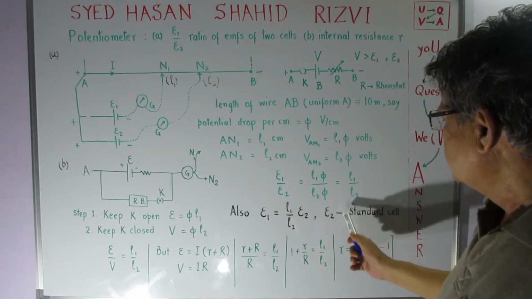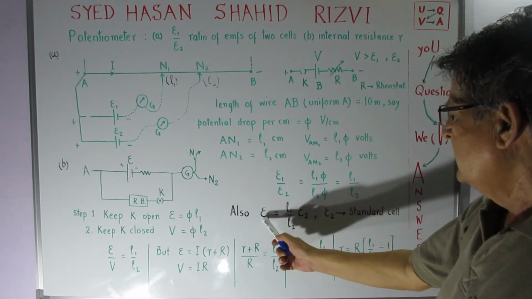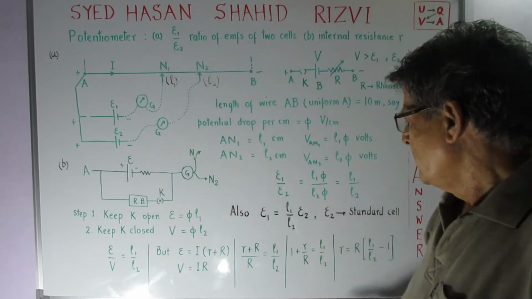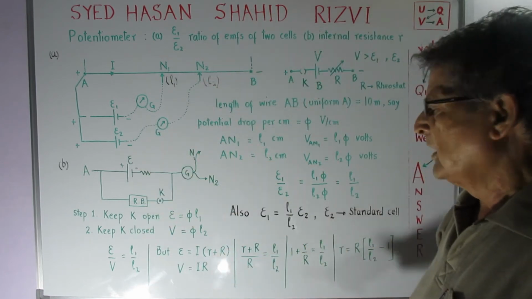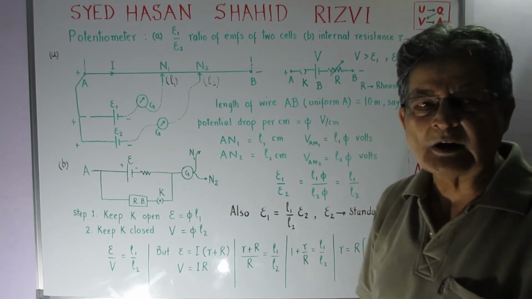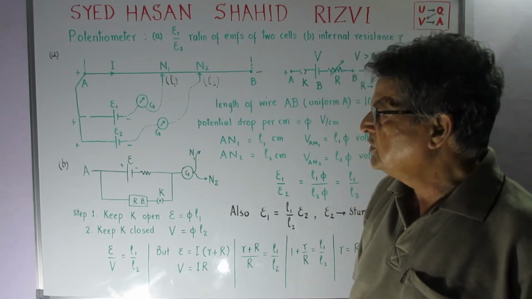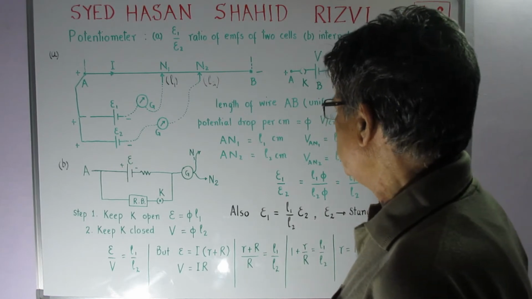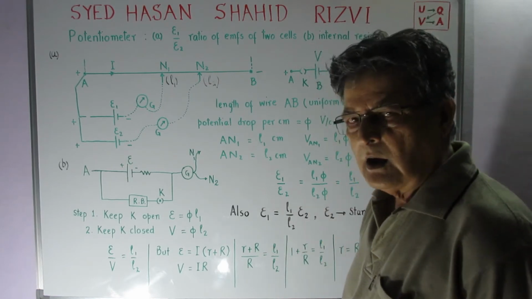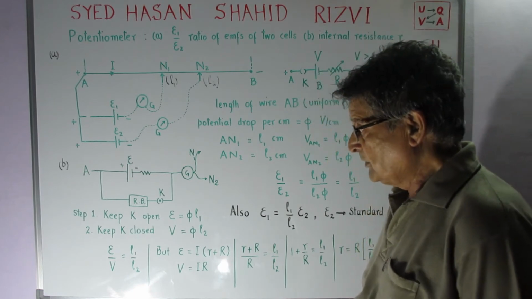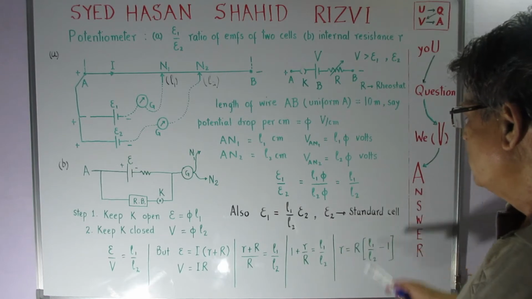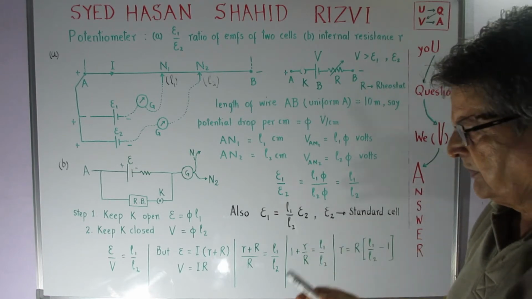So if one of the cells is standard, I can find the EMF of cell number 1 as L1 upon L2 multiplied by E2 by the same set of formulas. So this is one of the applications in which you can compare, and also you can determine, in case you use a standard cell at a given laboratory temperature, that EMF is calculated. Okay.